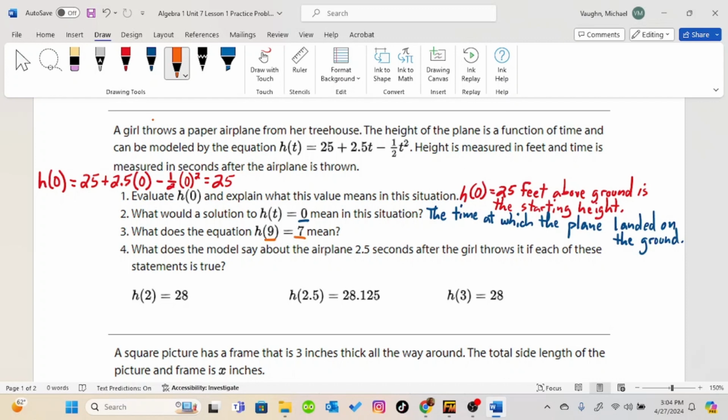So this means 9 seconds after being thrown, the plane is 7 feet above the ground.